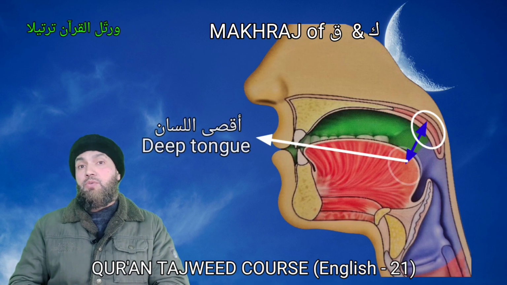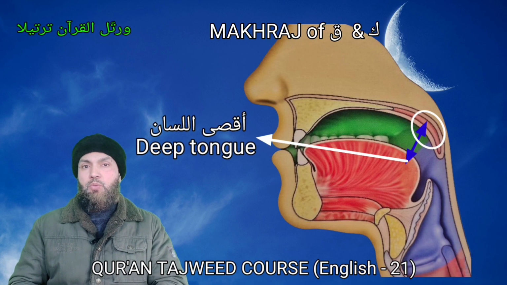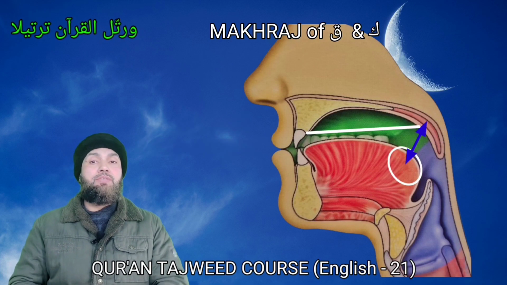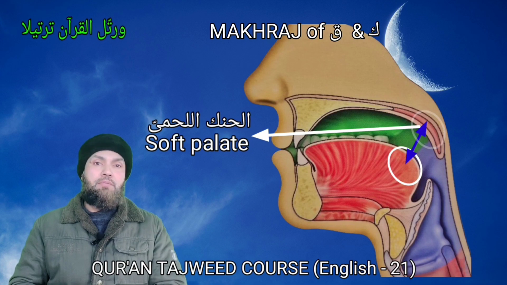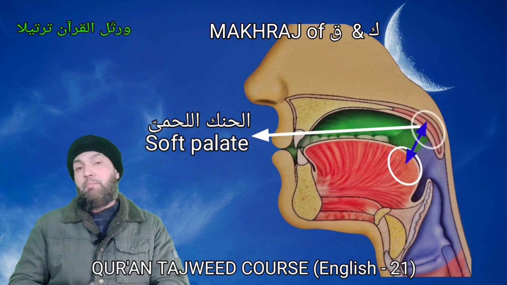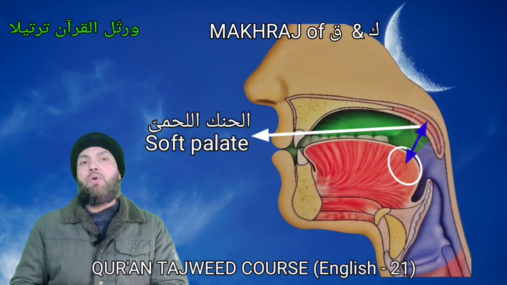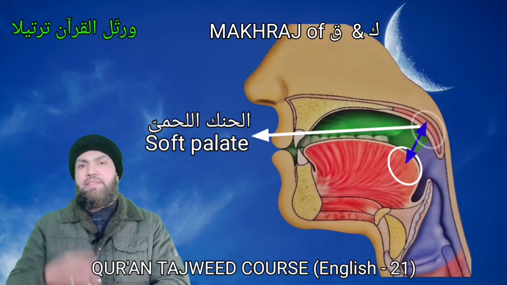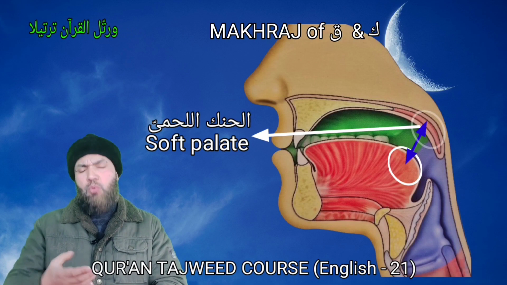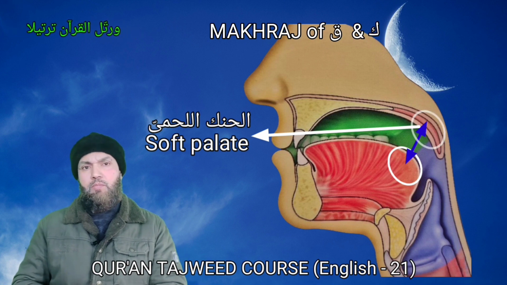This root of the tongue is called aqsal lisan, which means the deep tongue. And the soft palate is called al-hanakul lahmi. Here al-hanak means the palate or the roof of the mouth, and al-lahmi means made of meat. So al-hanakul lahmi means that part of the roof of the mouth which is made of meat. In other words, soft palate, simply.